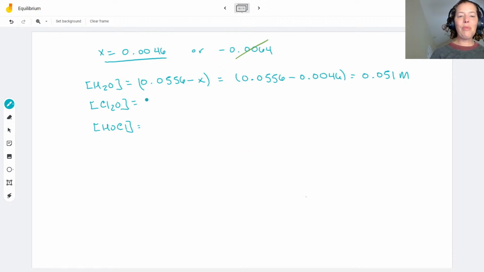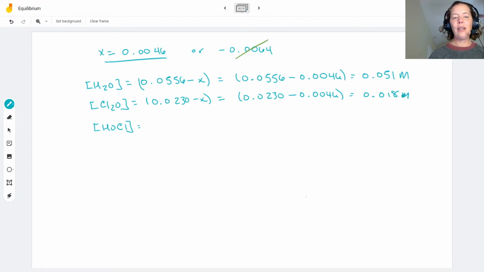Okay, so the same thing with my Cl2O. This is 0.230 minus x. So just plugging in what my x is for 6. Here's my equilibrium concentration. 0.18.